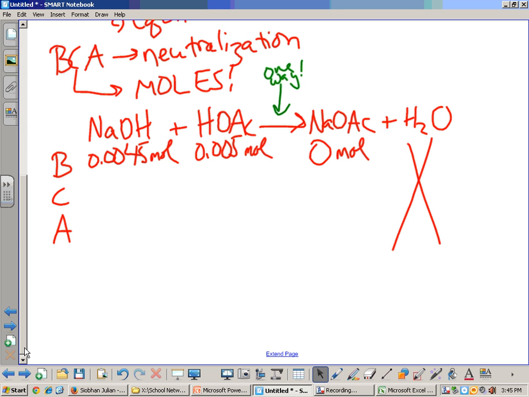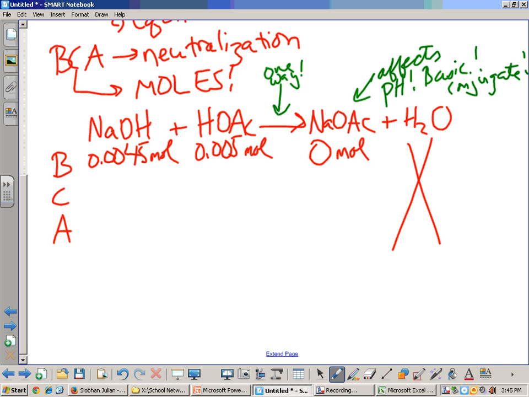So we must figure out how many moles we are going to generate of the acetate ion in solution. The rest of the BCA chart will proceed as we've done before, but the big distinction is knowing that we need to fill in a column for that sodium acetate.